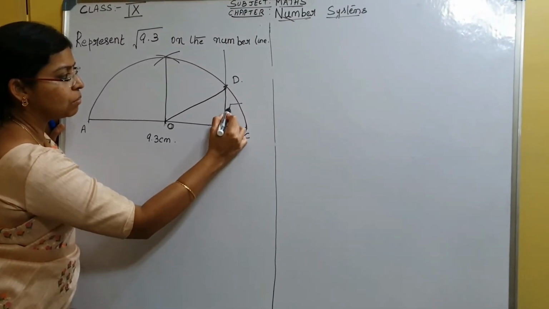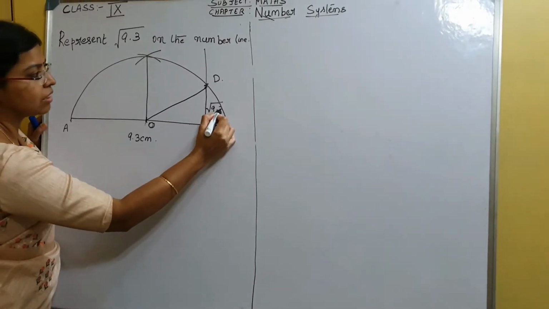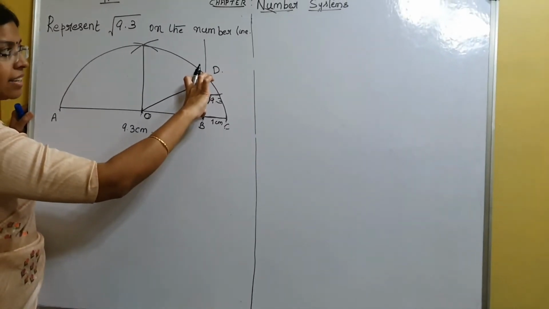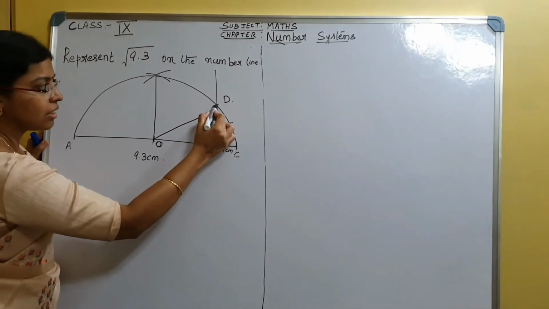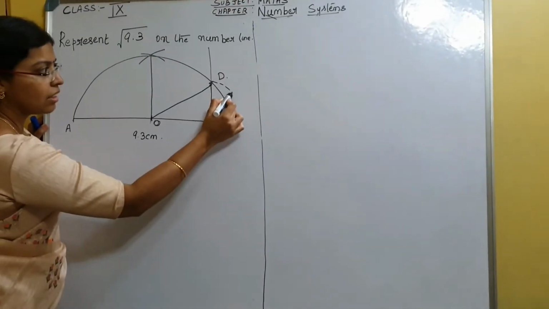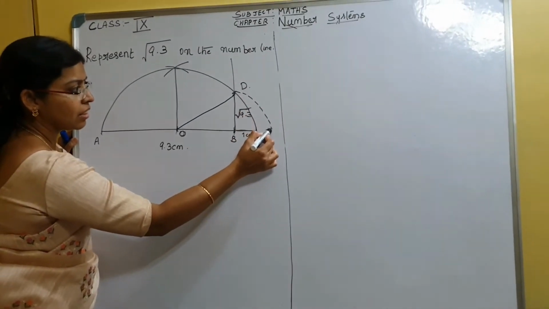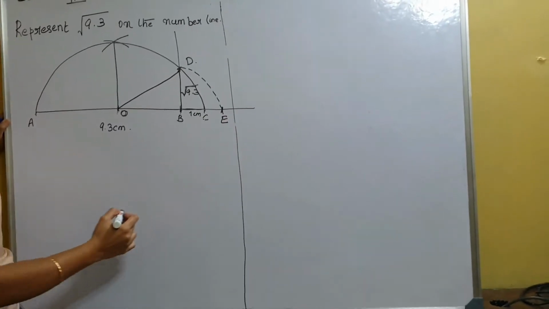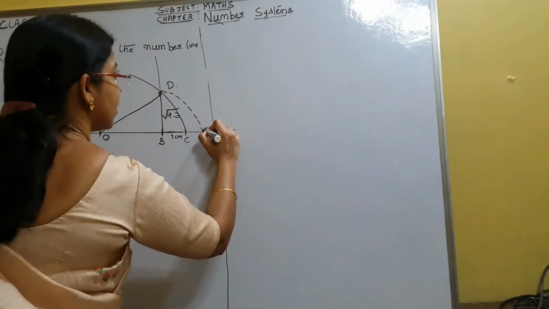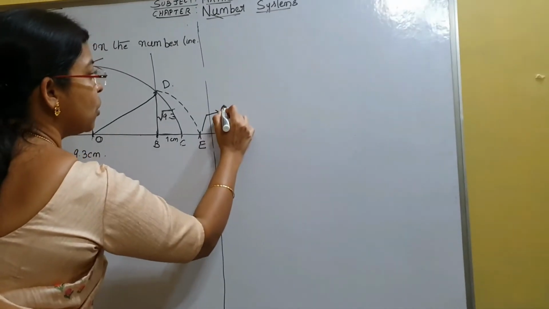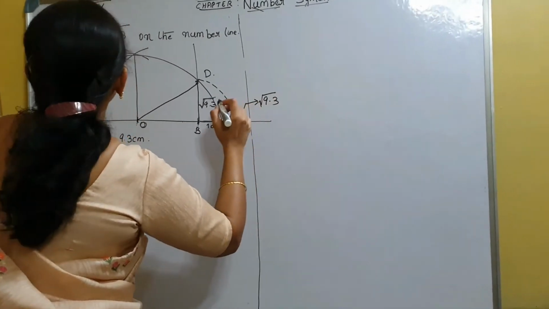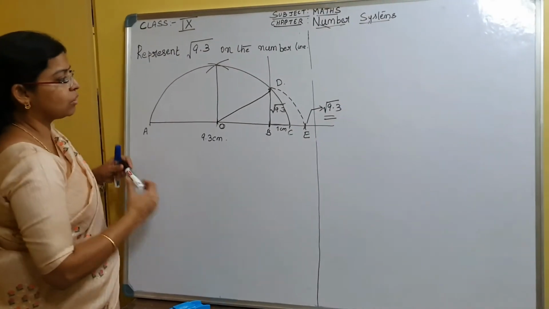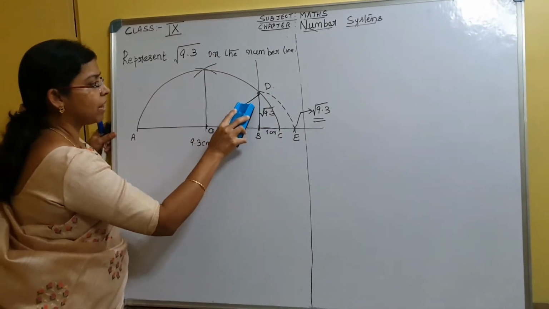This BD length will be root 9.3. Now with BD as the radius, draw an arc from point D to intersect the number line at point E, and this point will show you root 9.3 on the number line. And you don't have to join OD here, not required.